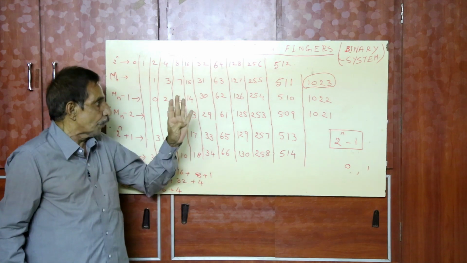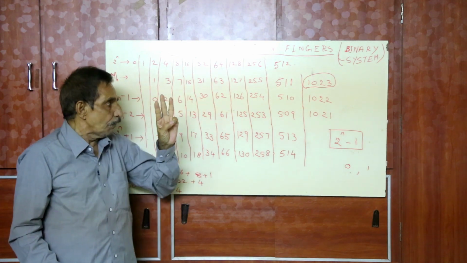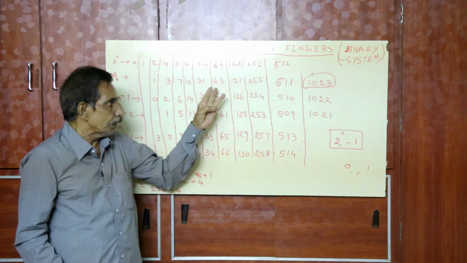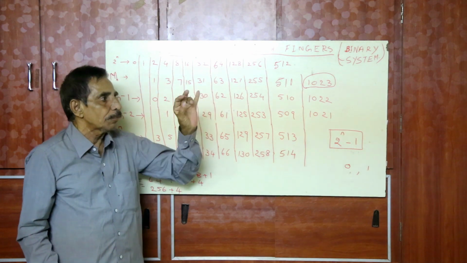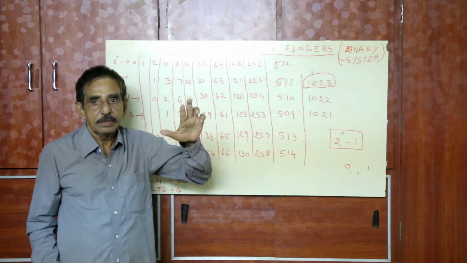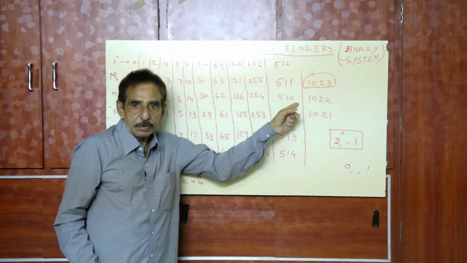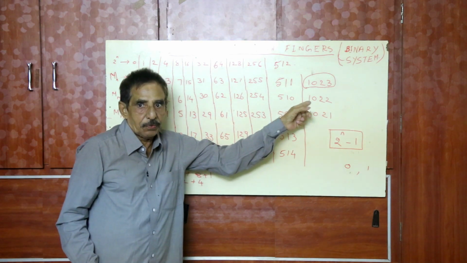To represent 14, we have to fold this finger. Always open for Mn numbers and fold this finger from that, then the other fingers represent the numbers of this row.